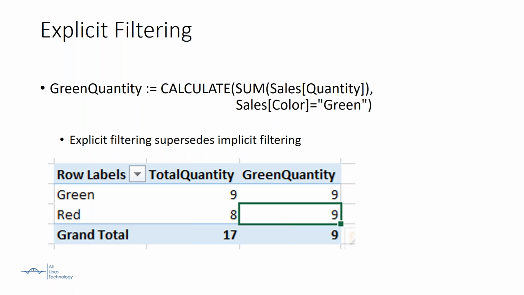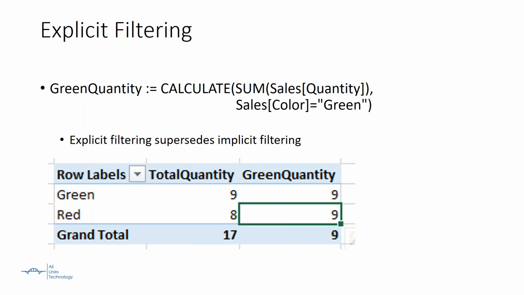We want to ignore whatever the user picked. And so for color, you probably wouldn't do this, but if you were doing some sort of comparison, or a good example is if you wanted to do some sort of year-over-year analysis potentially, or a percentage of total, something like that, that's where this kind of stuff could make sense to override that implicit filtering. And it's really important. So as the way that we're defining it, where implicit filtering is something the user does, explicit filtering is something the formula writer does.